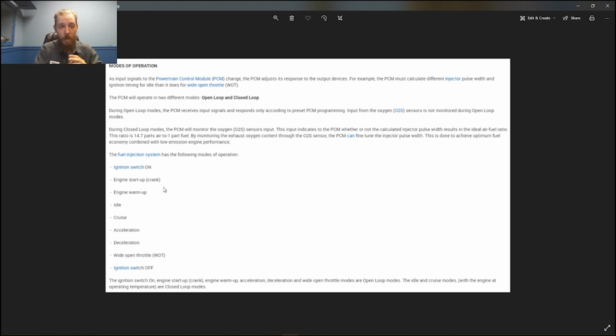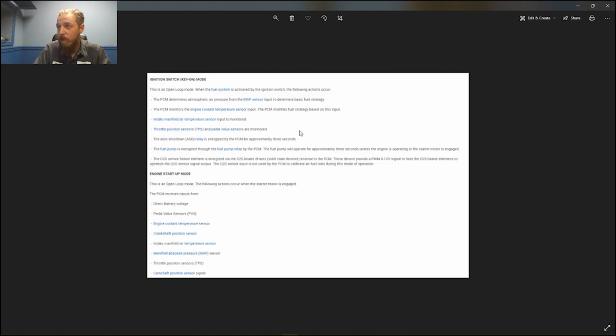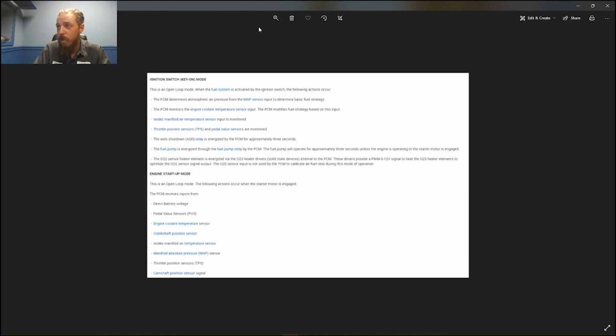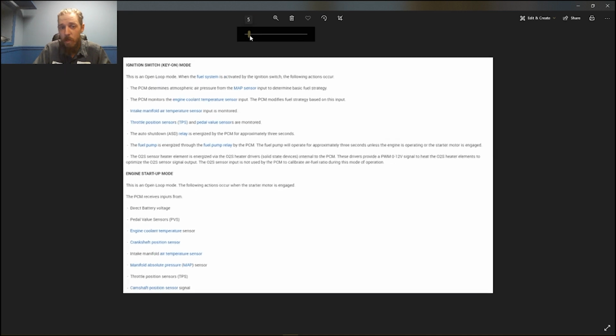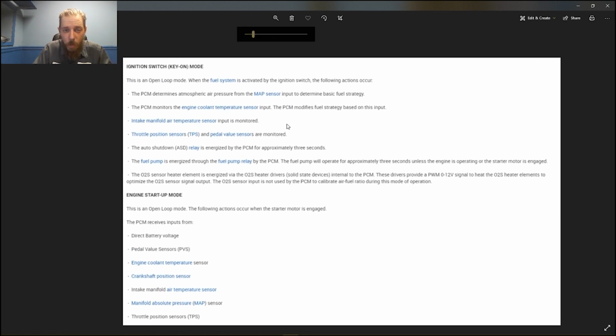So once again, we've got some direct inputs, we've got some indirect inputs, and that's what we're trying to go through here and see if we can find some better information. So let's go here. And modes of operation, ignition switch, key on mode. So open loop mode, PCM determines atmospheric pressure, don't care.